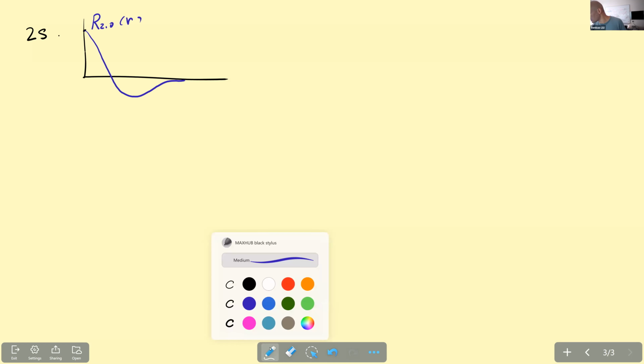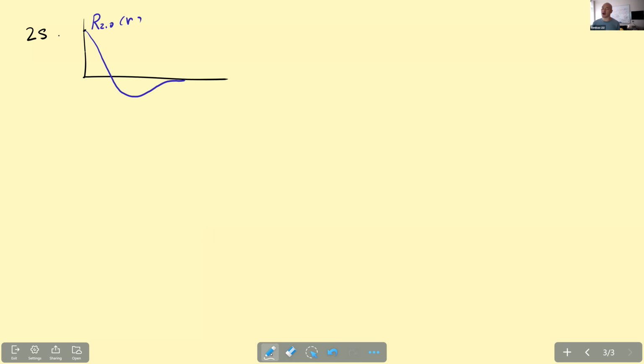Of course, you can also plot the probability of finding the particle, the electron, at the distance r to r plus dr. So that one, now you can see, goes like this one, right? So this is P(r) that equals r squared R20 squared.